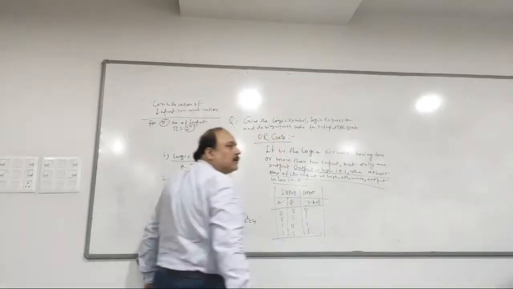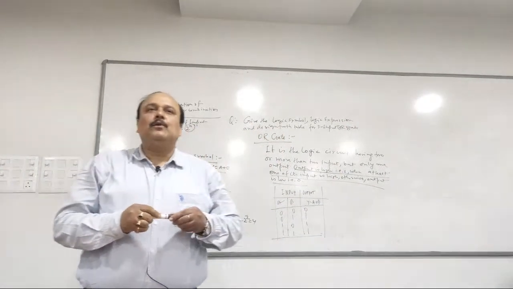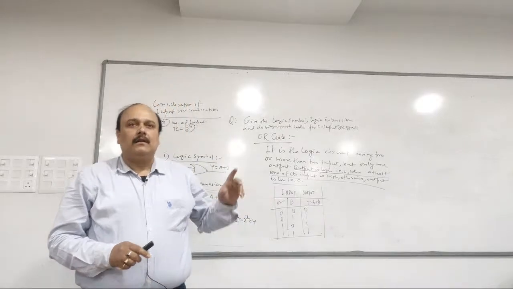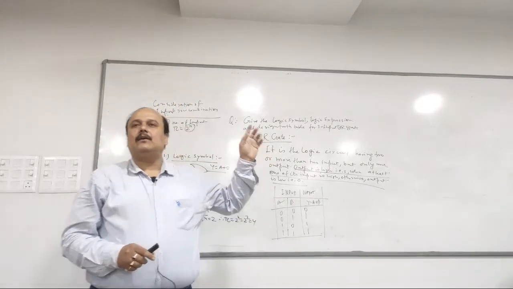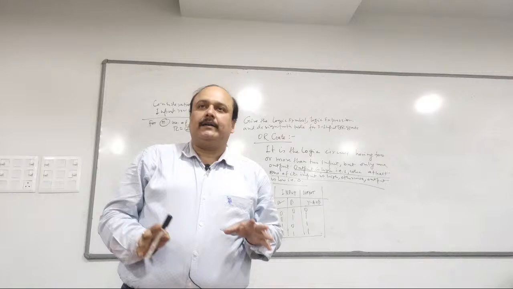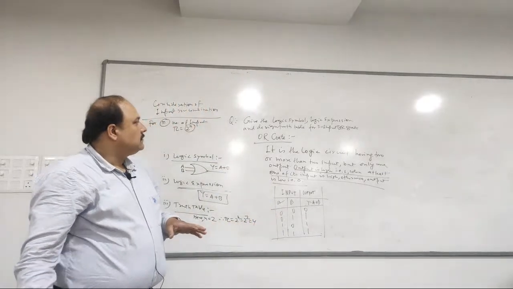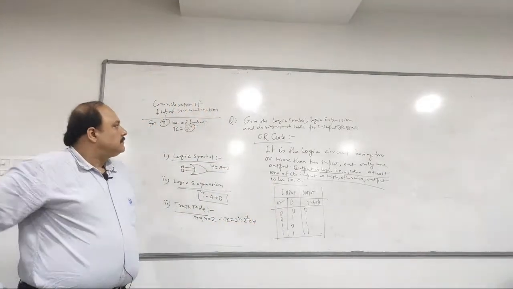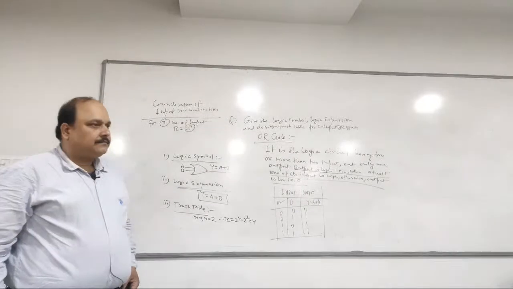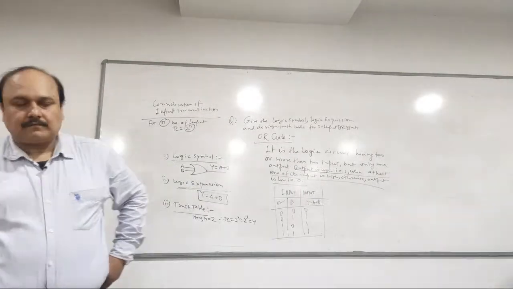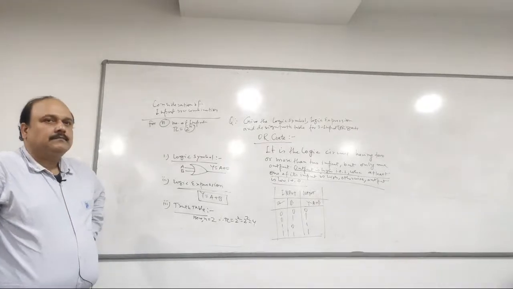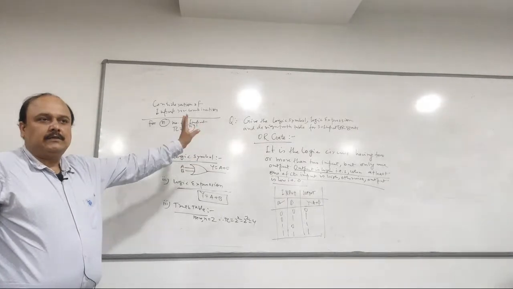A 3 input OR gate. You have to design the truth table, logic expression as well as the logic symbol for a 3 input OR gate. The question is mentioned on the board. Just note it down.